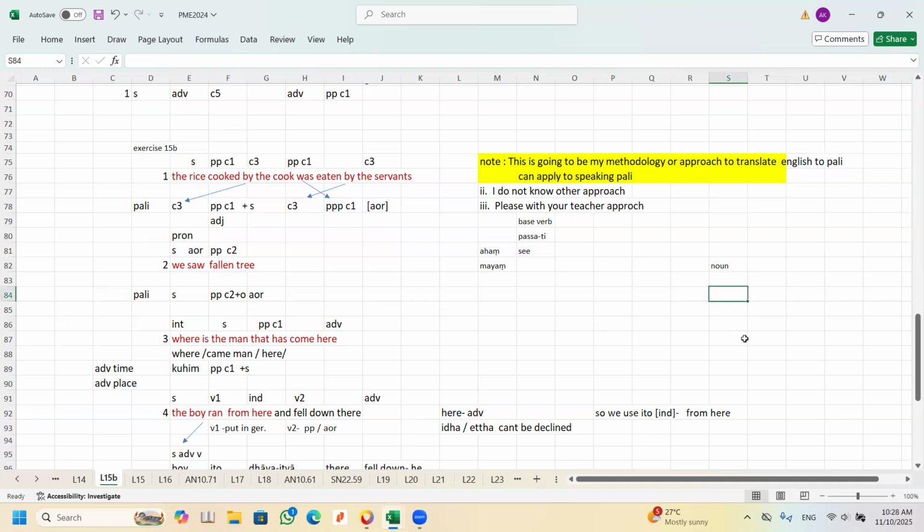For a Pali adjective, the adjective must be in front. Now, in this case, let's say I take something like a cow. I take a cow. So the adjective can be a black cow.